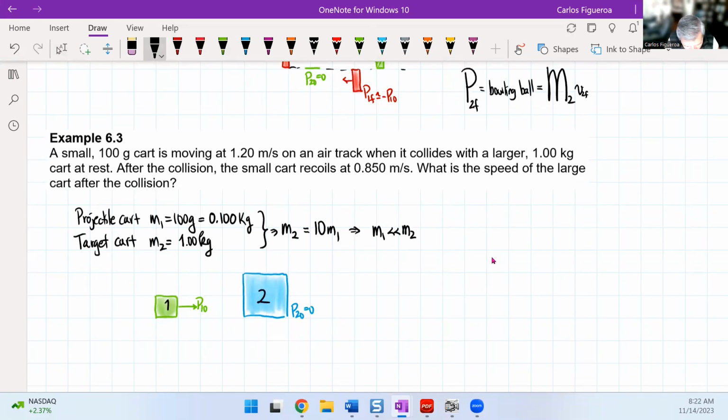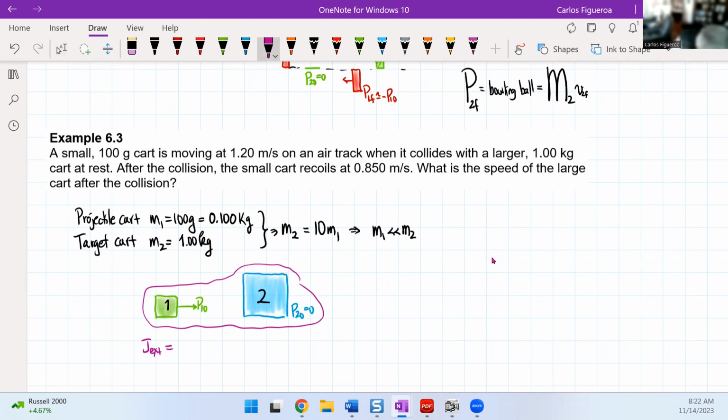So when I look at this, the first thing I'm going to do is identify my system. Then I look, are there any forces acting other than the collisions?